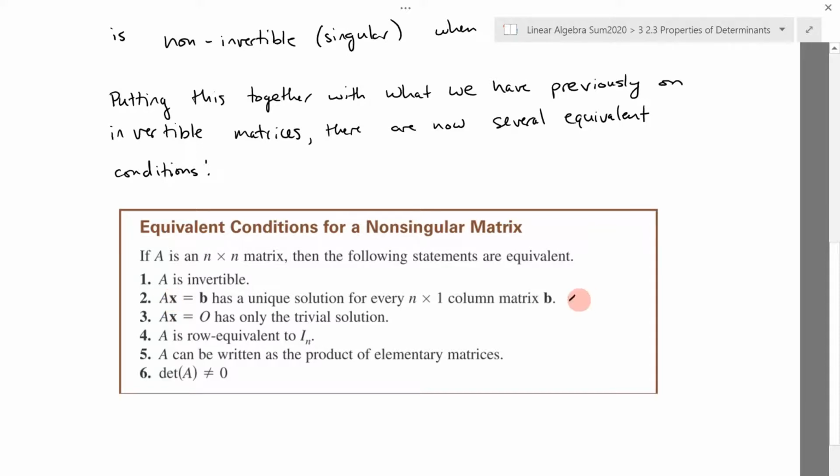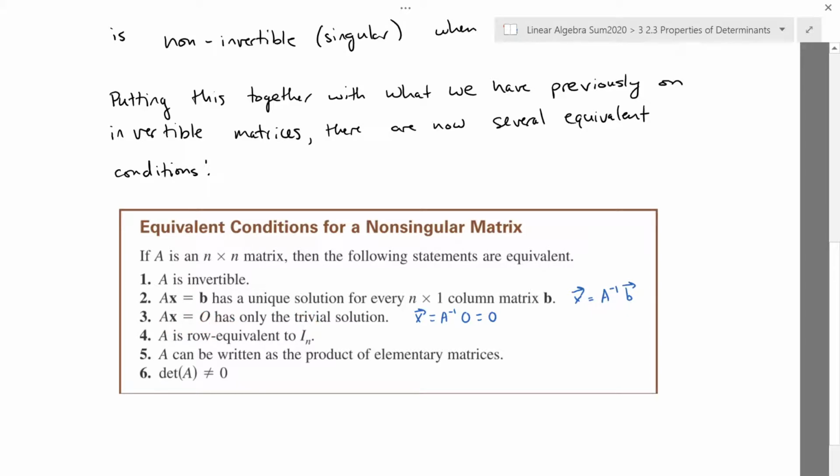So the unique solution would be exactly this, and then this equation has the trivial solution. This is the same situation: x is equal to A inverse times 0, but then this is just equal to 0.